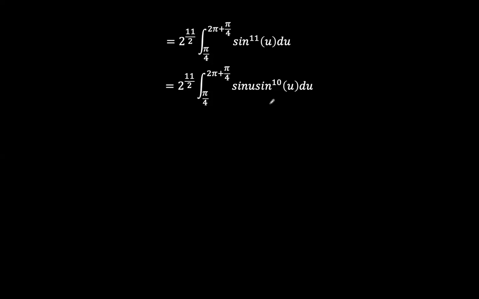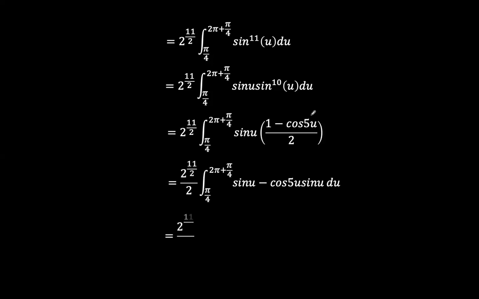And sine to the power 10 u is the same as a half times 1 minus cosine 5u. And so we can multiply sine u through. So we have 2 to the power 11 over 2 over 2, keeping limits the same, sine u minus a half. And this cosine 5u sine u can be expressed as a half of sine 6u plus, actually minus, yes.